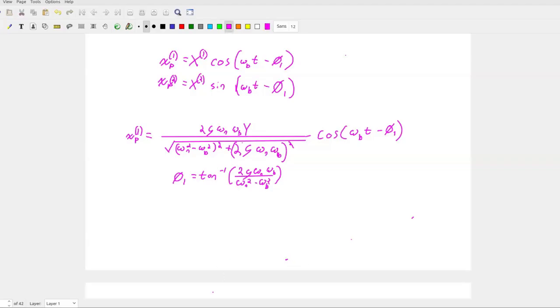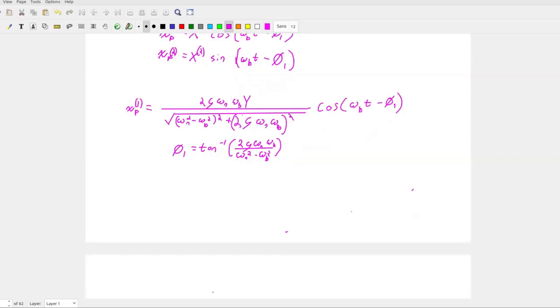And that gives me my phase angle. But this only gives me a solution for xp of 1. So I need a solution for xp of 2.